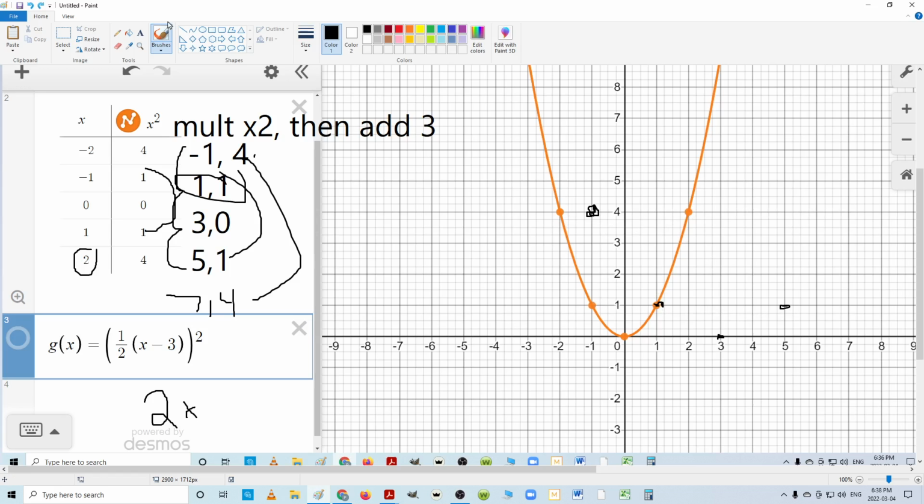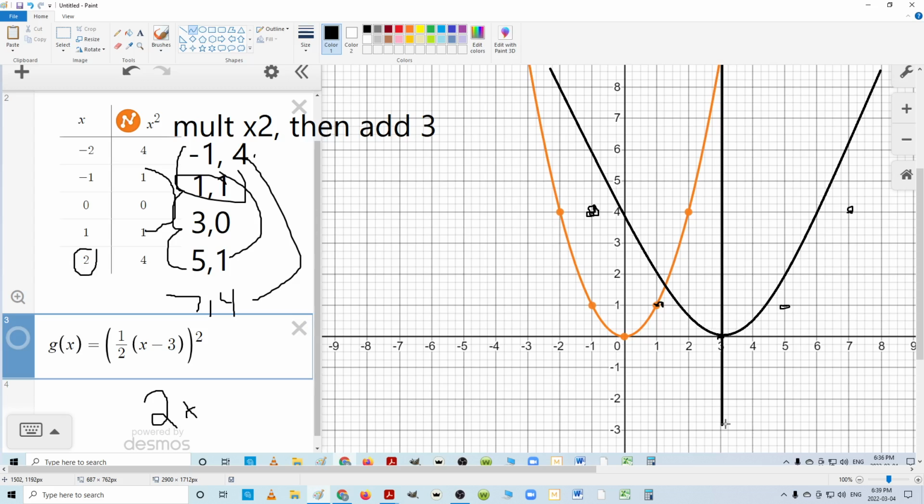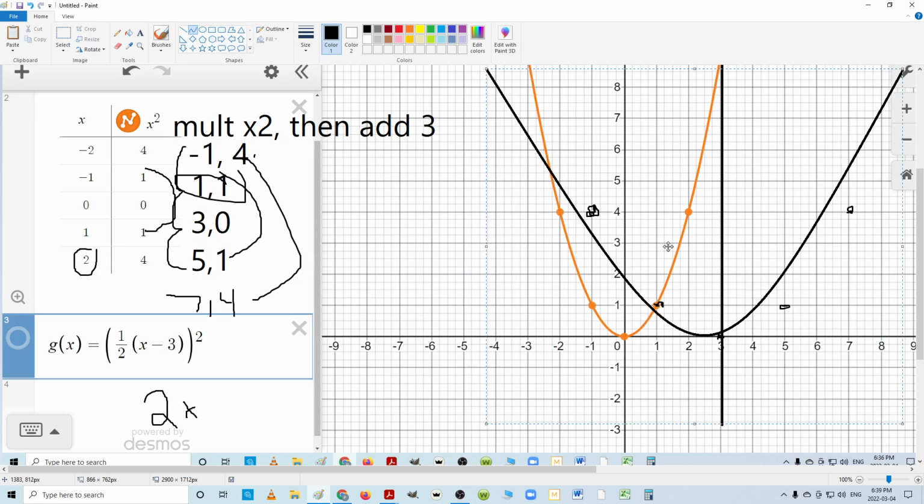Notice also that it's going to have an axis of symmetry, which we'll cover more in a bit, right down the middle. So I want to rewrite that last point, 7, comma 4, right there. Now I'm going to draw it in black. Now I've got to stretch it a bit because I haven't quite got it.